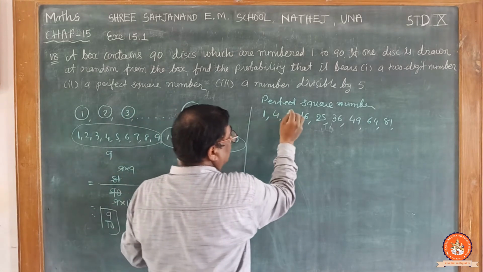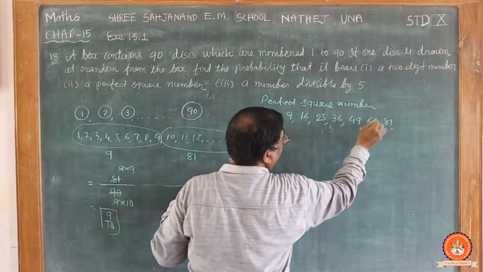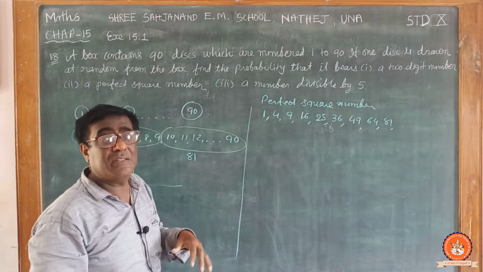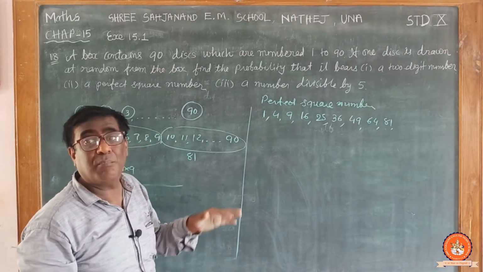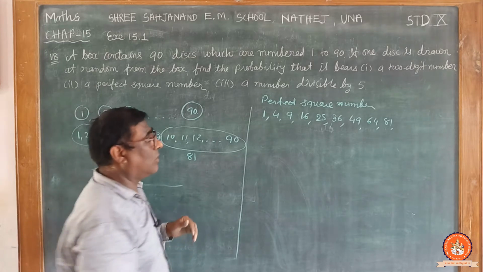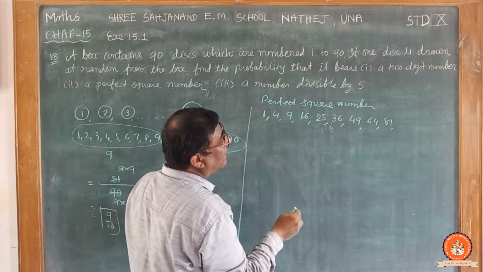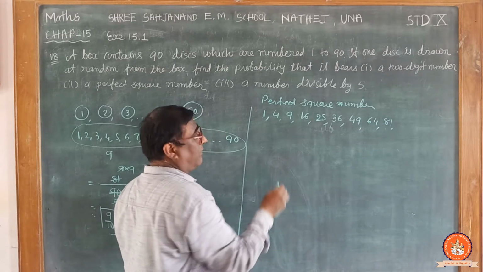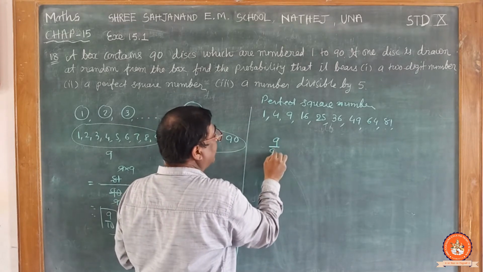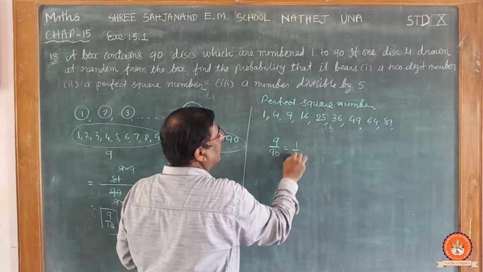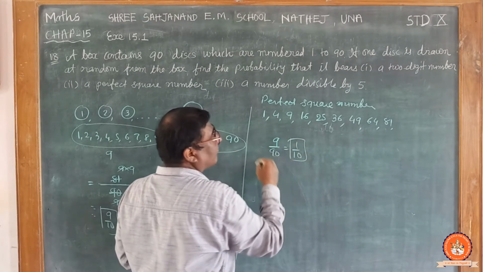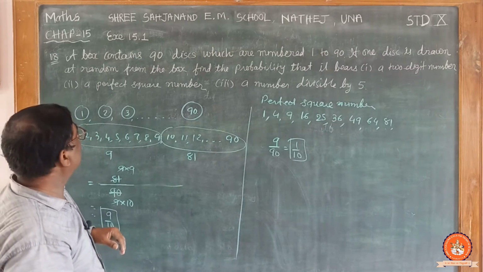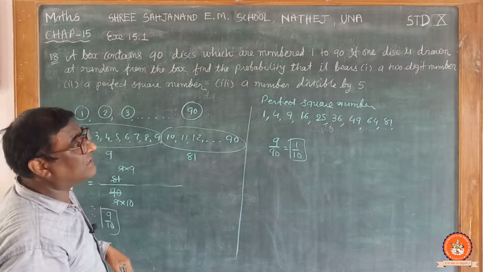So there will be 9 discs on which a perfect square number is written. So the probability of getting a disc having a perfect square number on it will be 9 upon 90, that is 1 upon 10. Isn't it? Getting it?